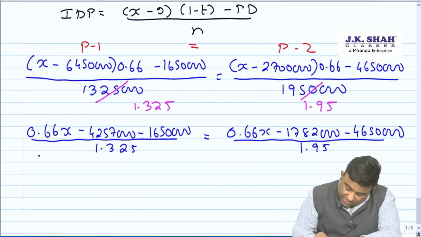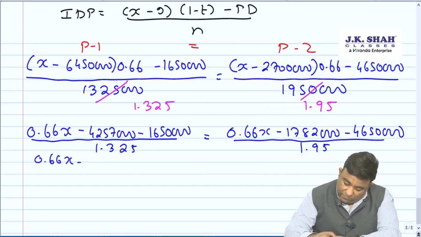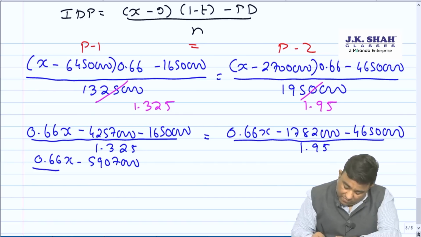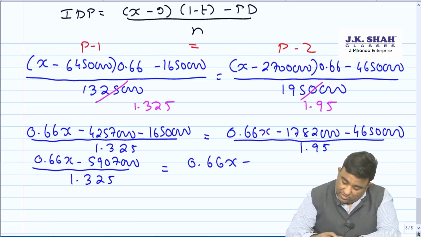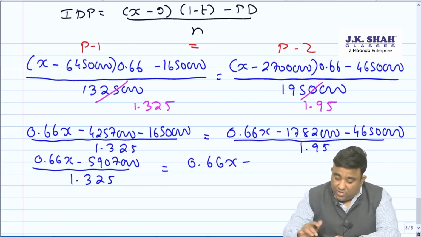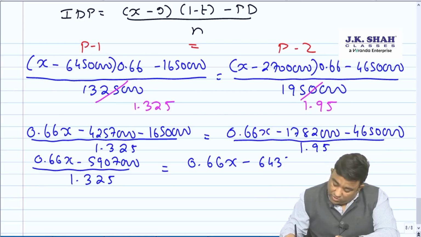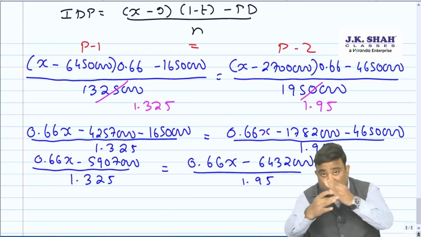If I merge them, 0.66x minus 42 lakh 57,000 plus 16 lakh 50,000, it is 59 lakh 7,000, divide by 1.325. This is 0.66x minus 17 lakh 82,000 plus 46 lakh 50,000, that is 64 lakh 32,000, divide by 1.95. Can I cross multiply now?